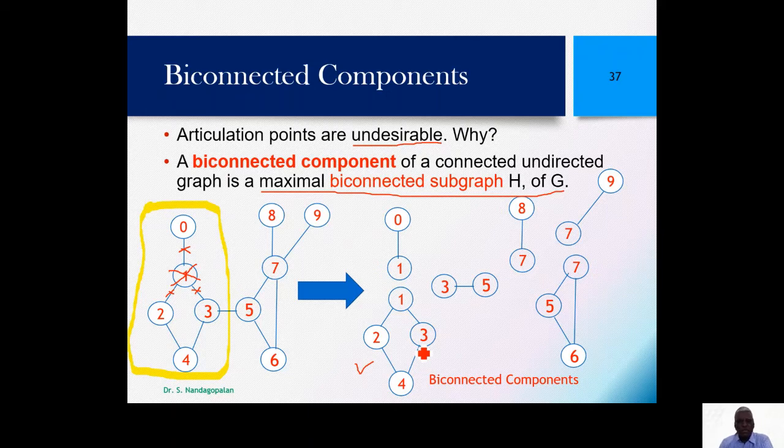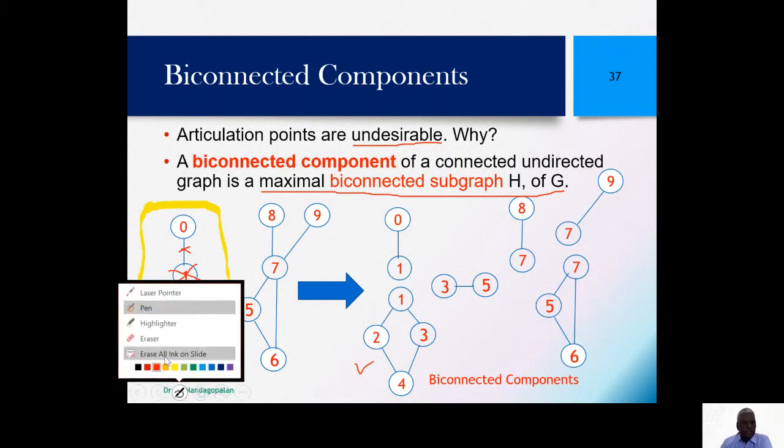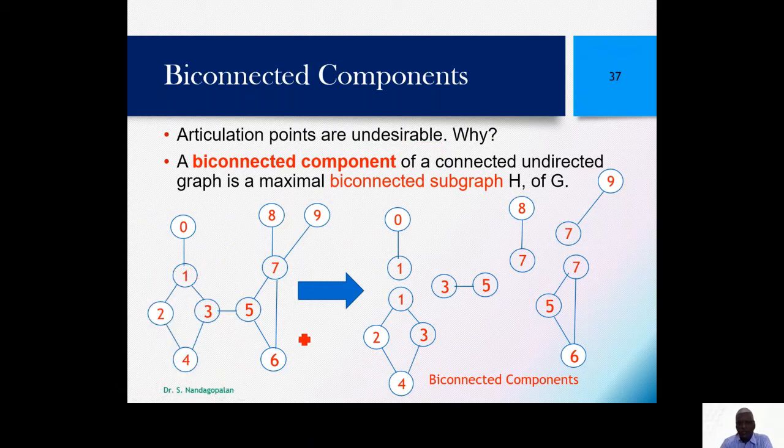A similar example can be given on this side, where you can easily see 7 has an articulation point, 5 is also an articulation point, and hence this cannot be called a subgraph which leads to a biconnected component.